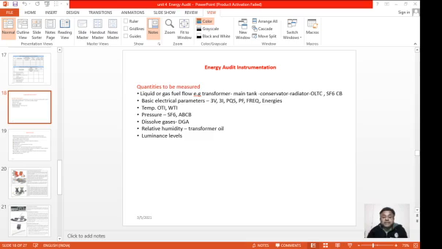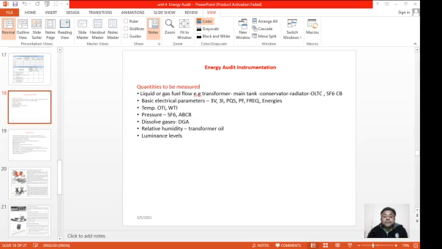Therefore, this pressure has to be monitored so that the breaker should be able to trip in the event of a fault. Then measurement of pressure, like SF6 gas pressure or other types of pressures, is also important.